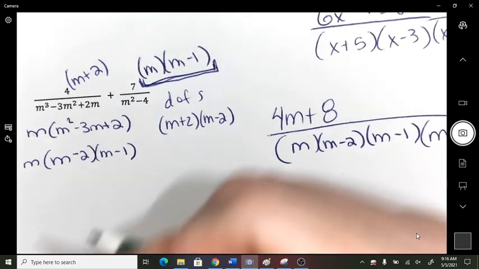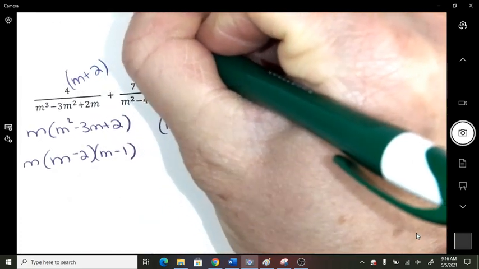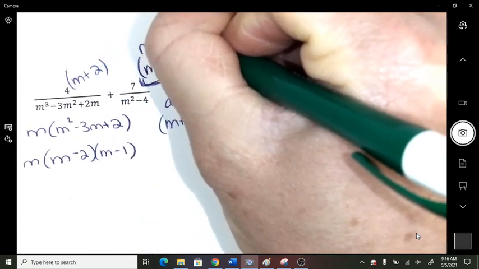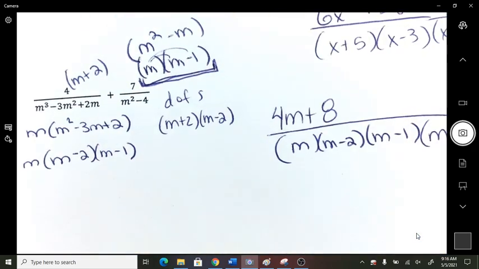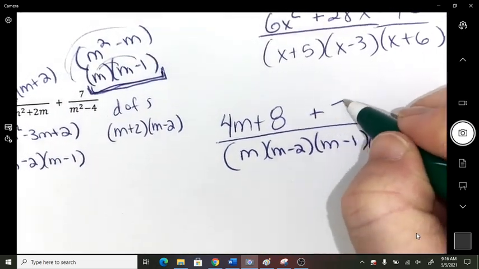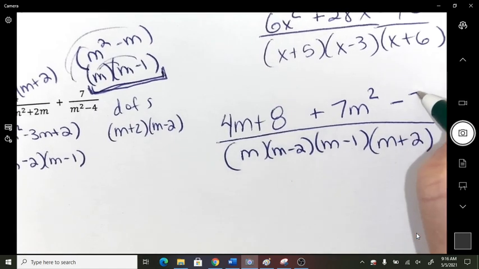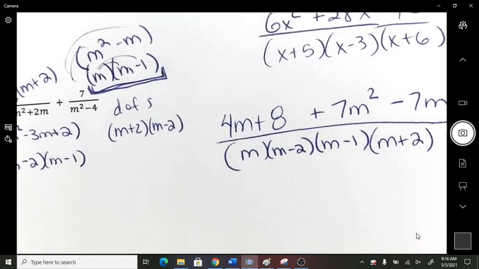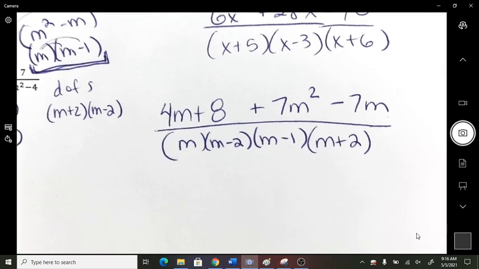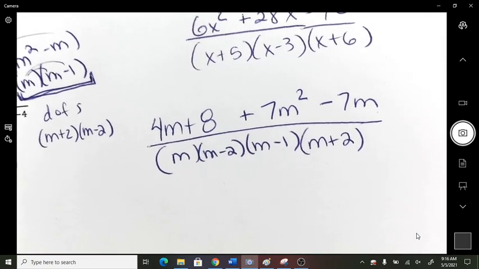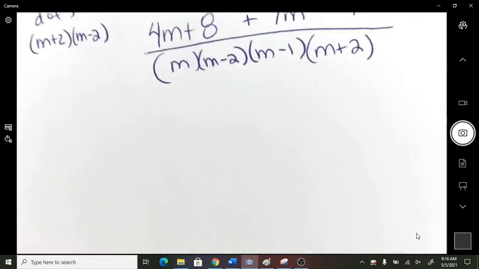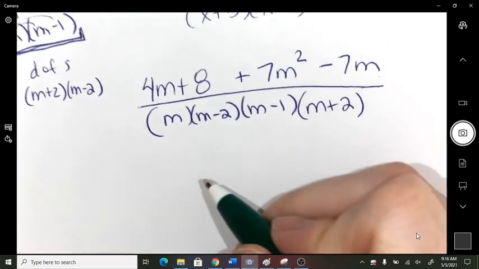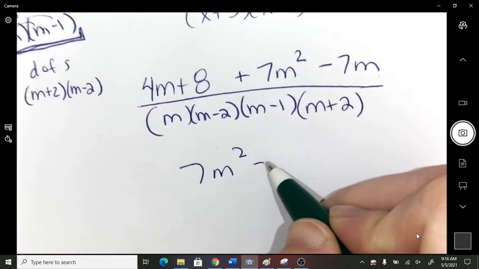So what does this make? m squared minus m. Then I'm going to multiply it by 7. So 7m squared minus 7m. Okay, and then you can just simplify the top if you have anything that you can put together.